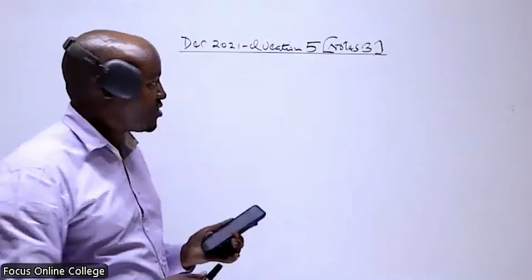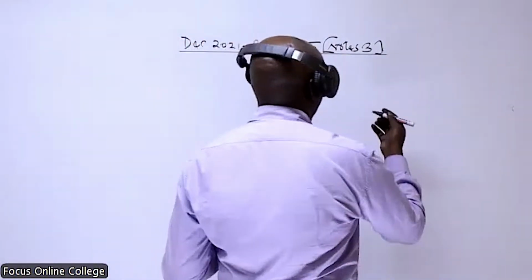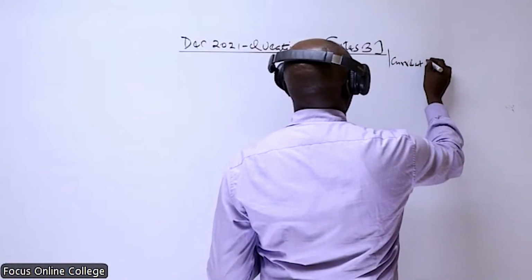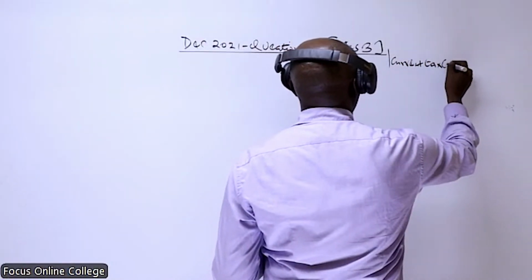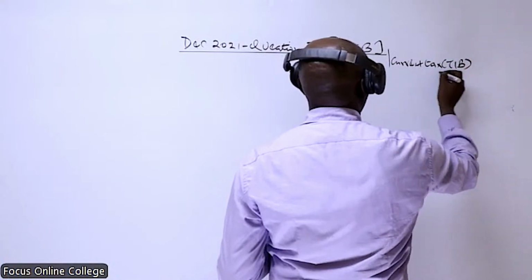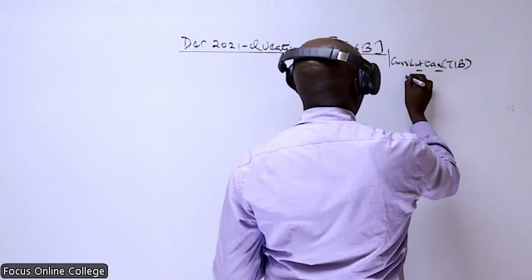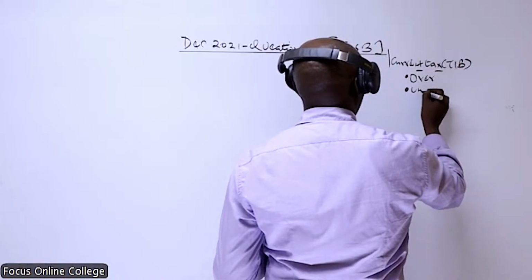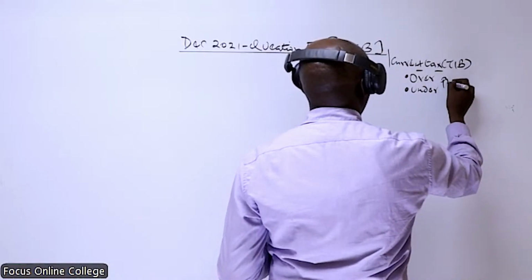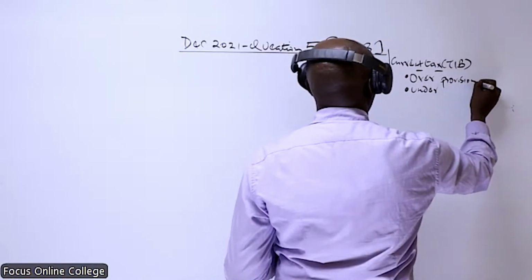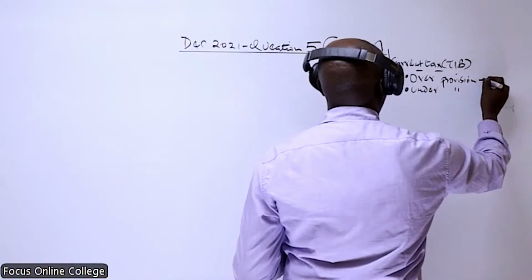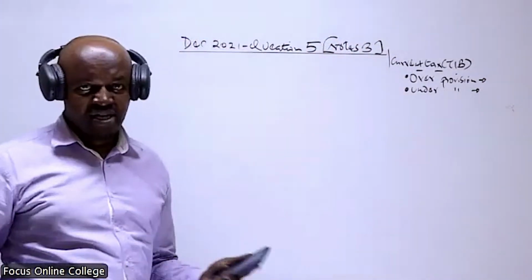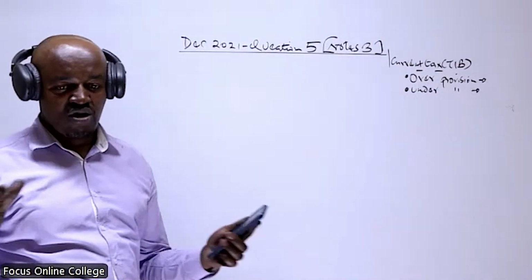If you can recall what we said on Saturday, in case you're given current tax in the trial balance, and the examiner tells you that this is an over or under provision, it is upon you to do what? To determine whether that is over or under, because the examiner will not basically specify whether it is over or under.